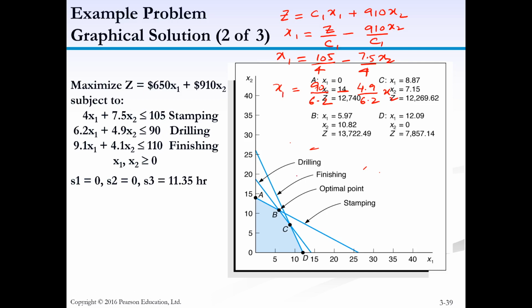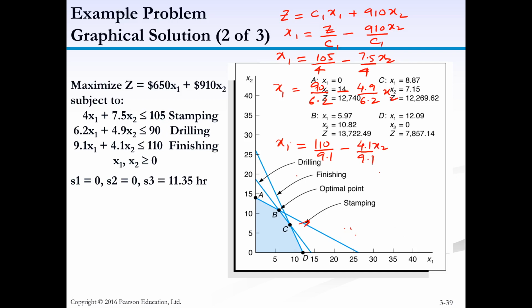And then we have the third constraint, and we get the slope of that one. The third constraint is x1 equals 110 over 9.1 minus 4.1 x2 over 9.1.